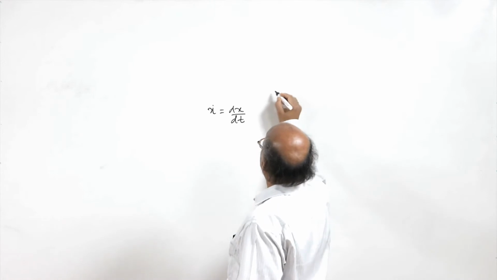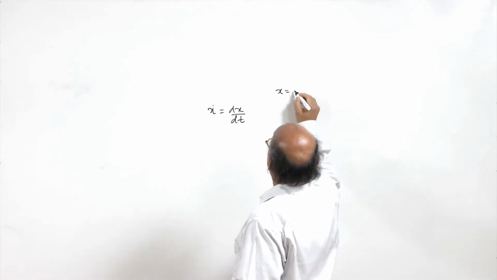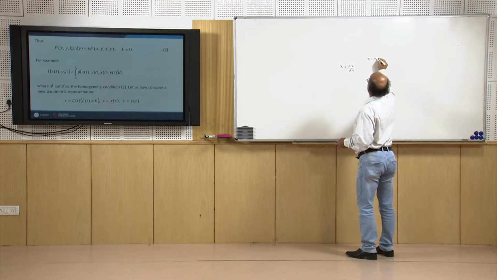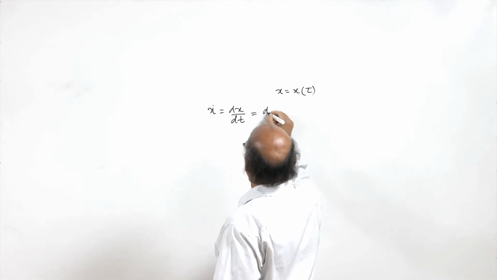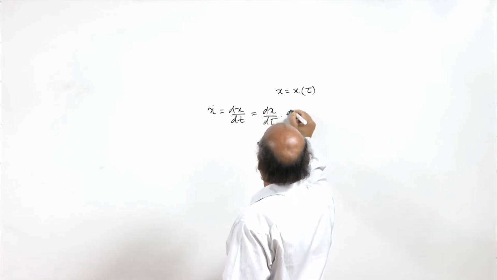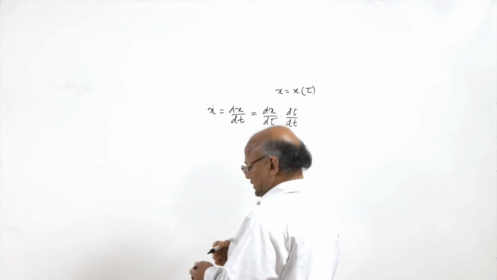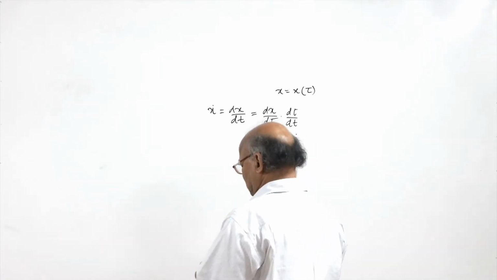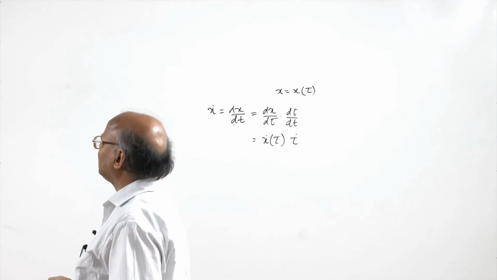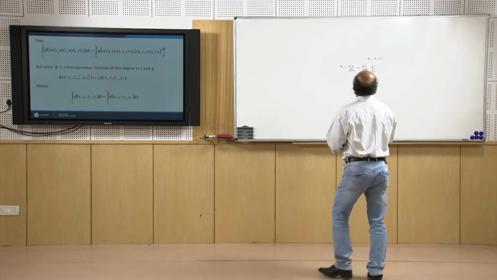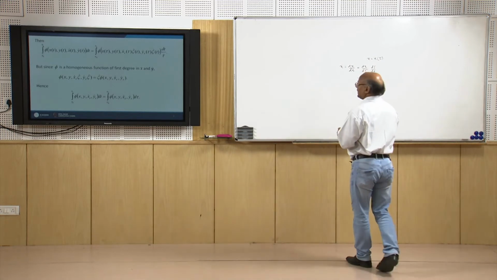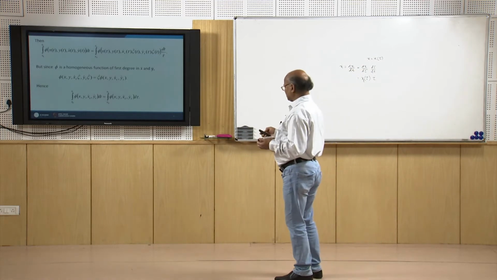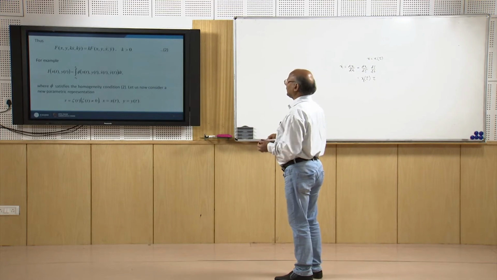Since x is a function of tau, this is equal to dx over d tau into d tau by dt, and so we can write it as x dot(tau) into tau dot, which is x dot(tau) into zeta dot(t), because we have taken tau equal to zeta of t.